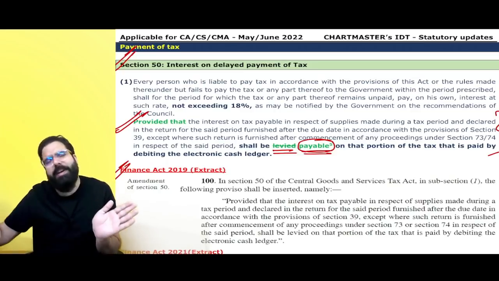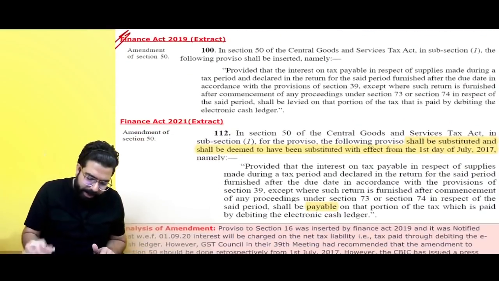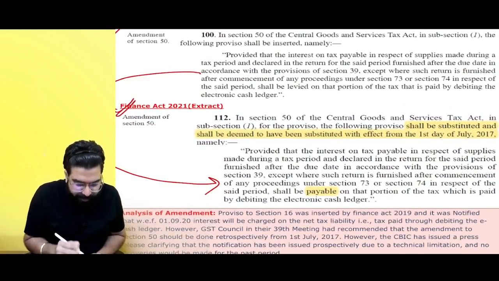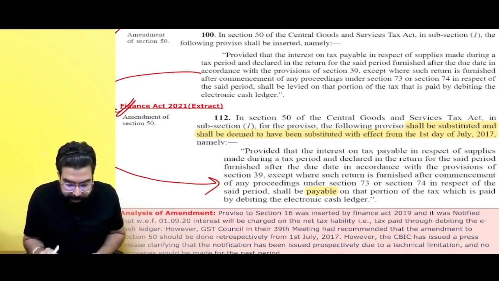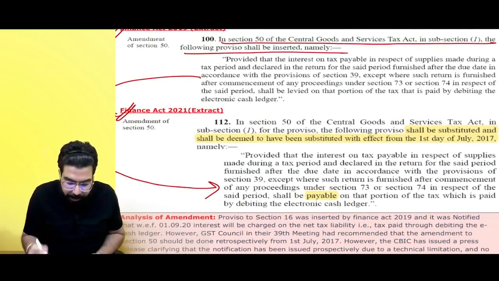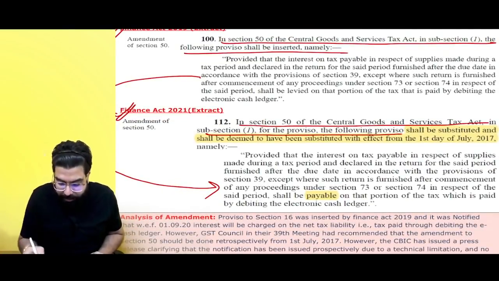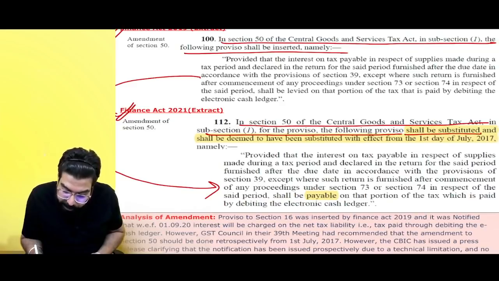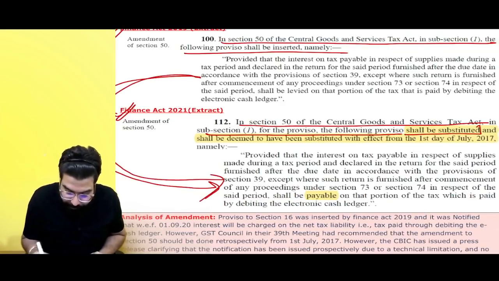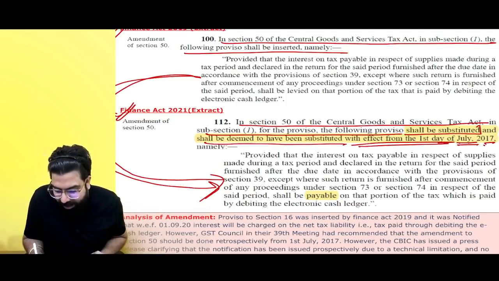This is retrospectively effective. But then they had to write it down in the law, and the same thing they wrote in the law, but they made a small change by Finance Act 2019. They told, see, in section 50 of the CGST Act, the following provisos shall be substituted, means they have replaced this with this, same to same, but it shall be deemed to have been substituted with effect from 1st day of July 2017.